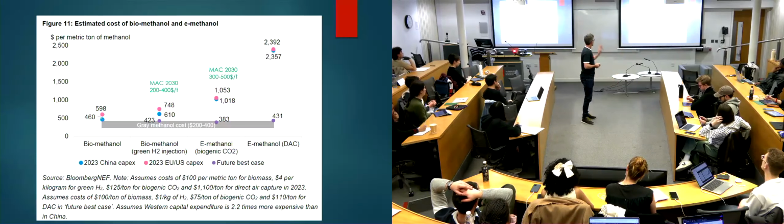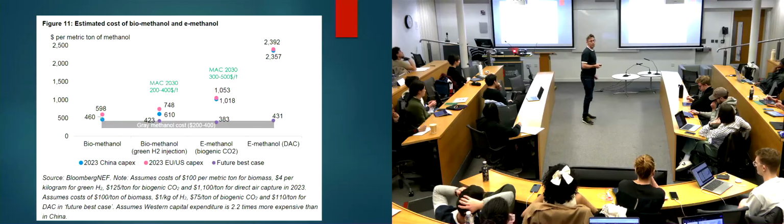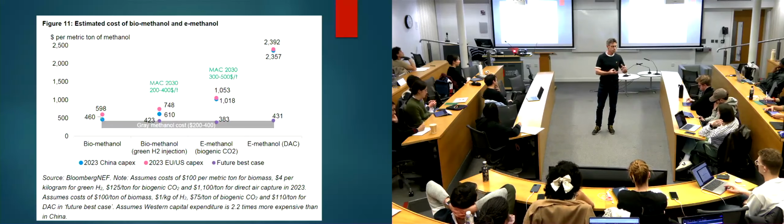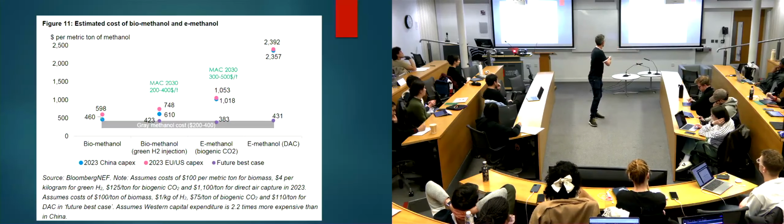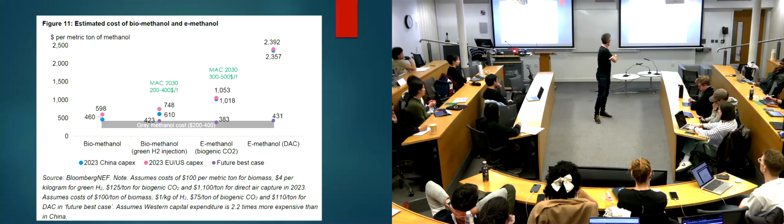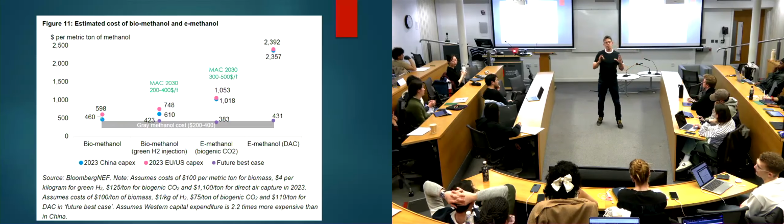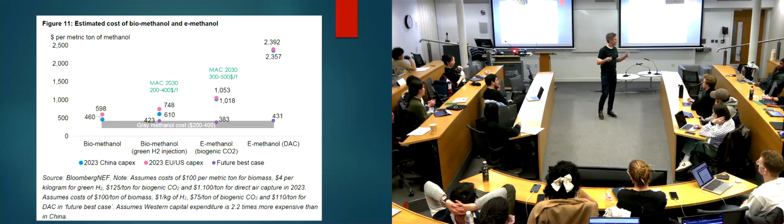Good. Similar, this is biomethanol. So it's an expensive technology. Methanol is something quite close to gasoline. So once you have that, you can go in airplanes, you can go in boats, you can do many things.